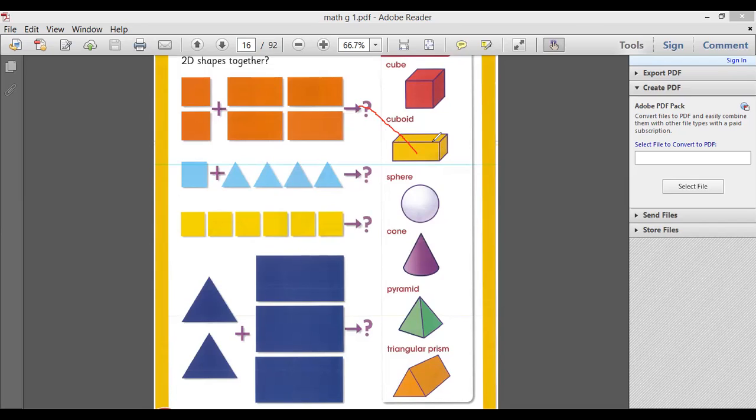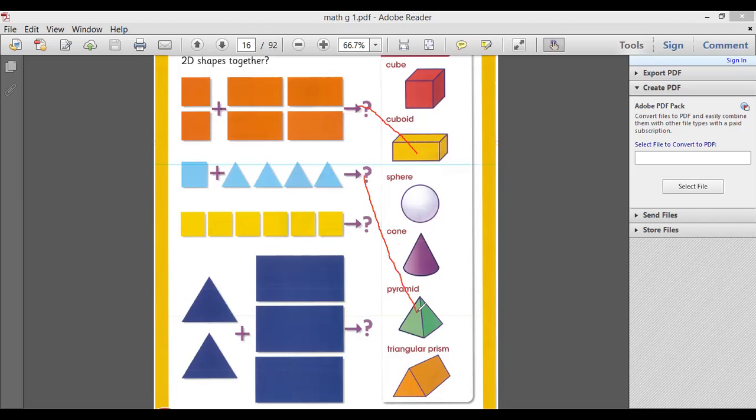Understood? Good. Okay, next. One square and four triangles. Which shape do they make? One square from down and four triangles from the side. Good, boys.